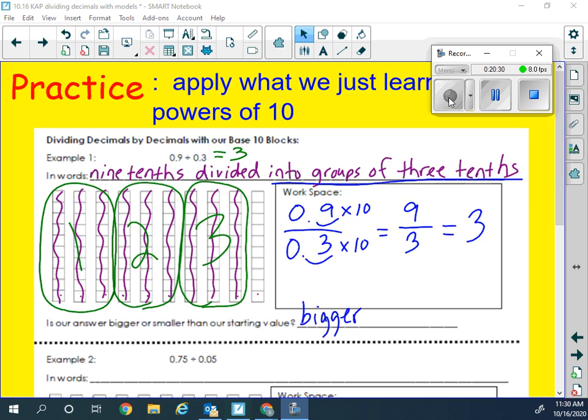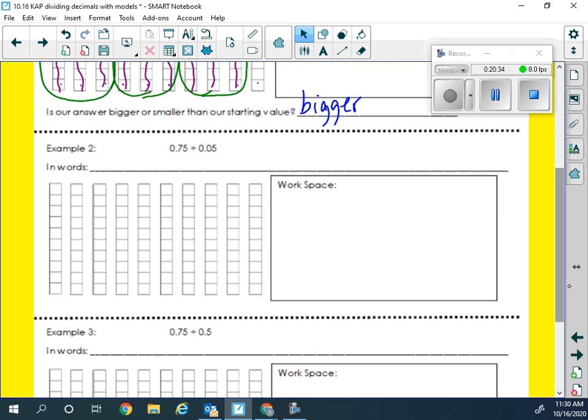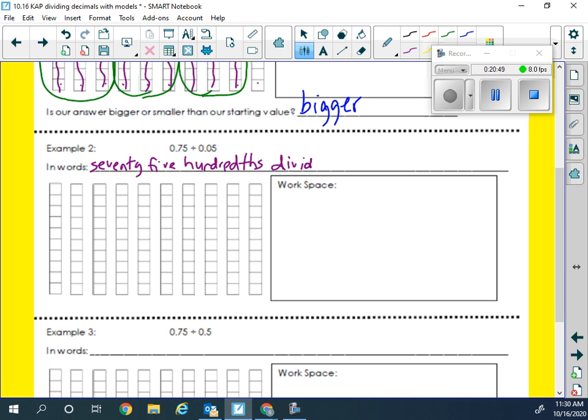Okay, here's the next one. Okay, so let's say it in words. 75, what? 7,500 divided into groups of... divided into, yeah.